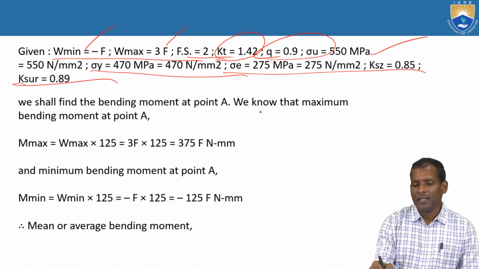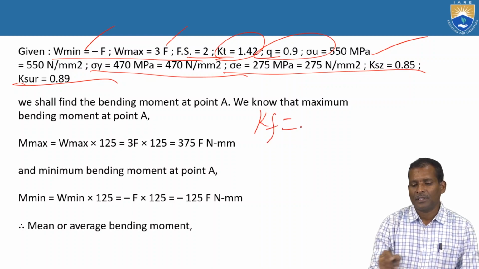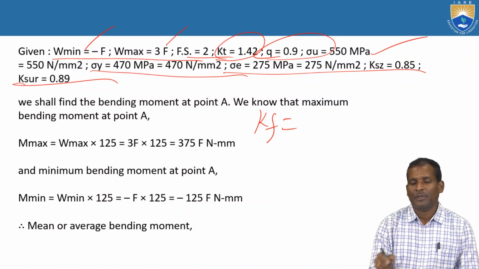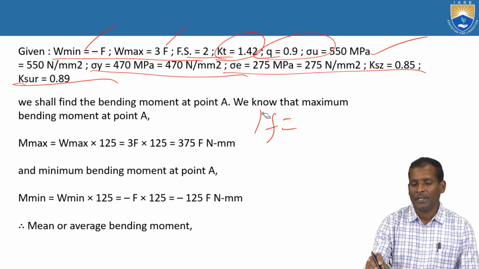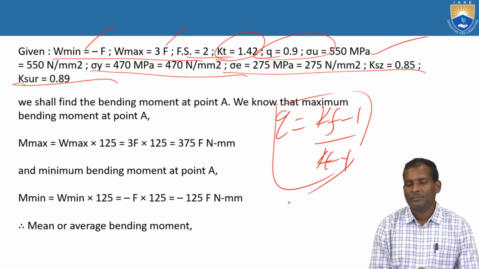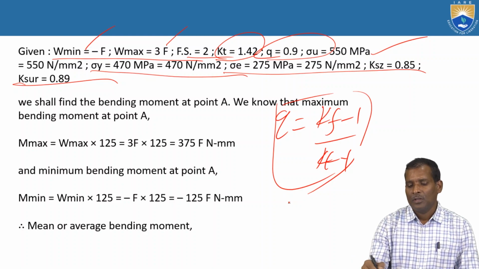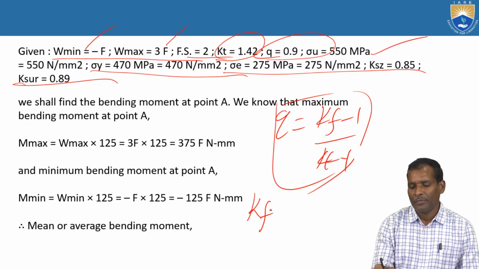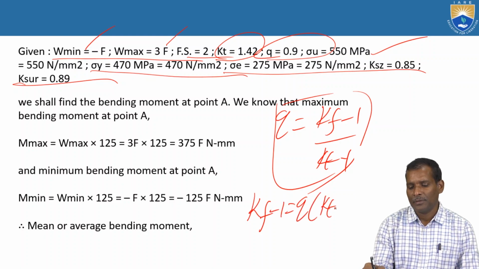So first calculate fatigue stress concentration factor. We don't know it. So how do you calculate fatigue stress concentration? A relation is there, relation between these two in terms of notch sensitivity, Q equals Kf minus 1 by Kt minus 1. So from this equation, you may write Kf minus 1 is equal to Q into Kt minus 1.